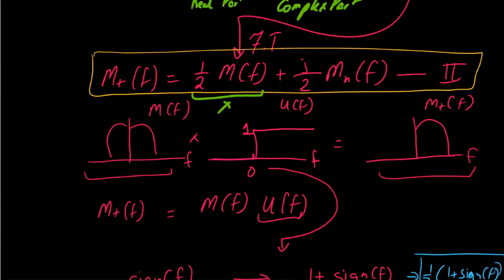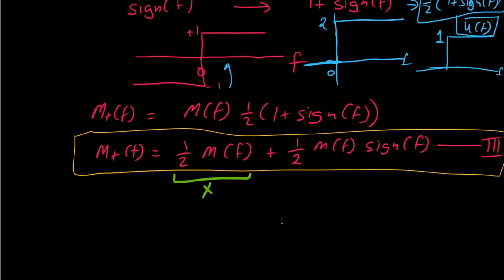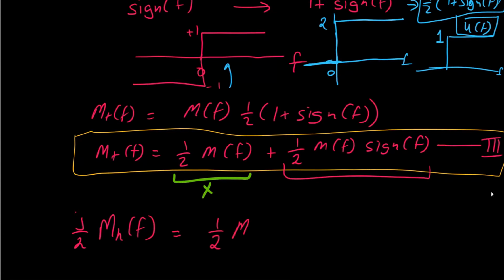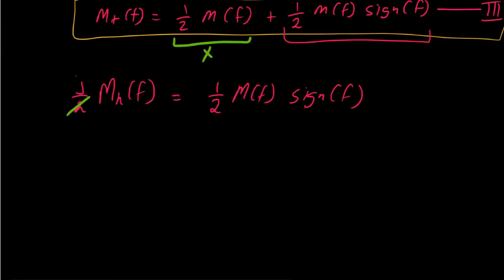So we would have this part linked with this part, right? That is, we would have j by 2 m h of f equal to 1 by 2 m of f sine of f. Cancel this 2, and we can bring this j to this side.